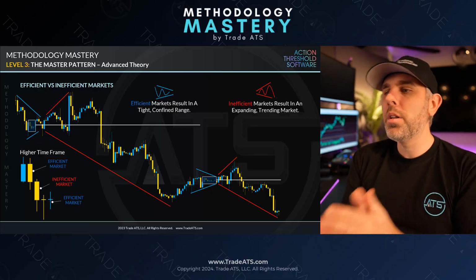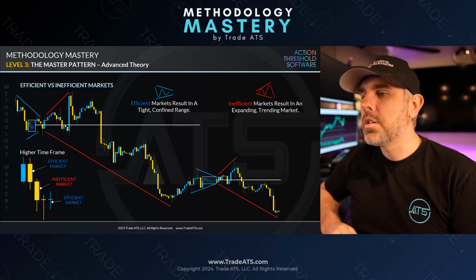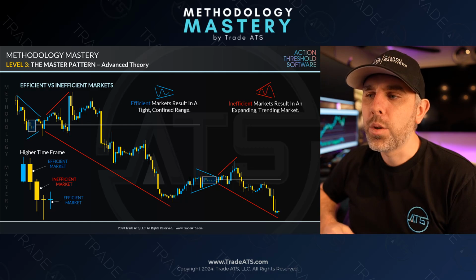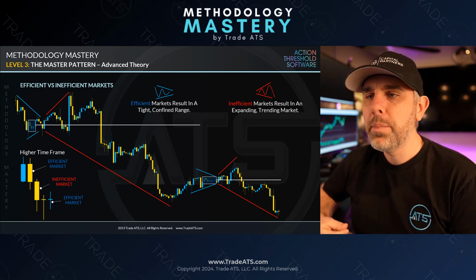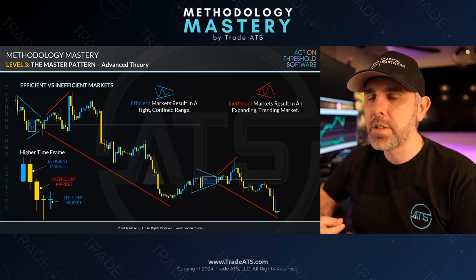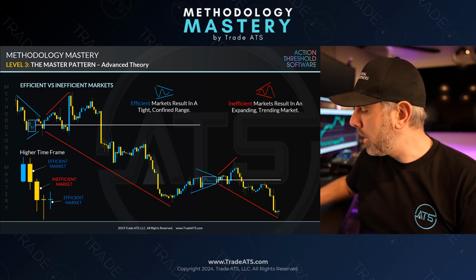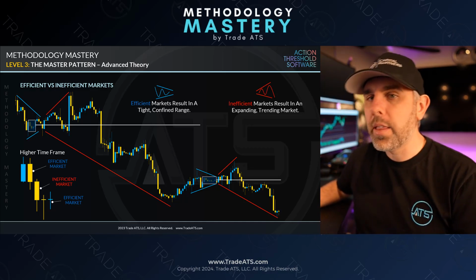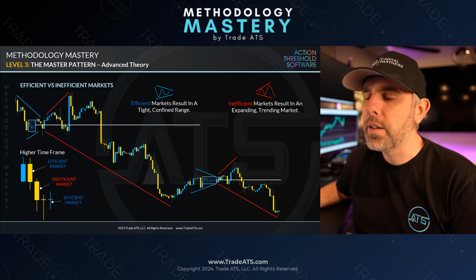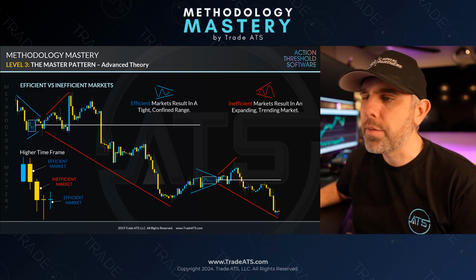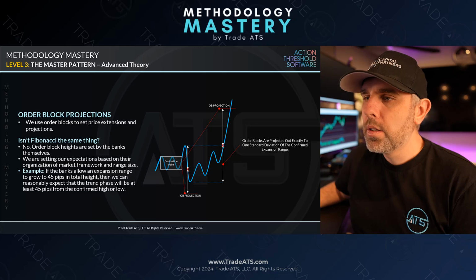When you get candles that have separation with one gap in the middle, like we see right here on our example, then that is going into an inefficient market. The reason we know it's inefficient is because price is starting to travel, meaning there is not enough willing buyers and sellers at that level to keep price trading in that range or trapped inside those levels.